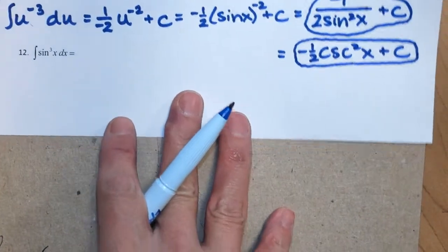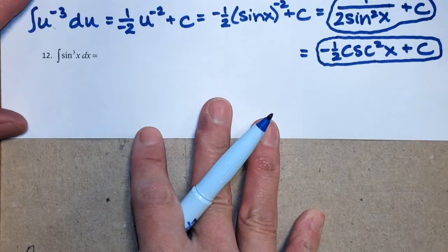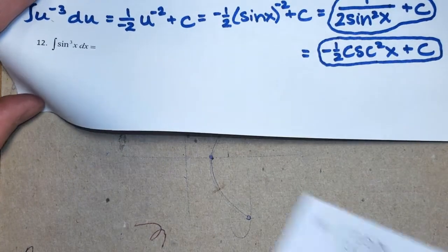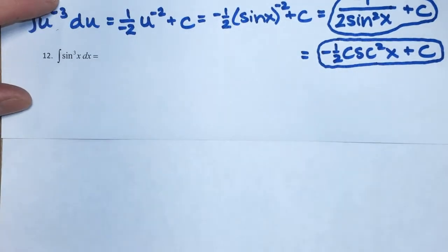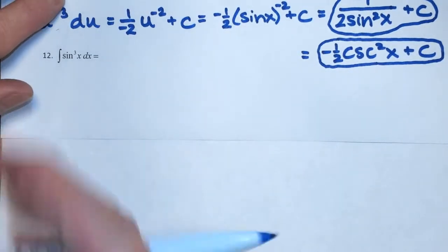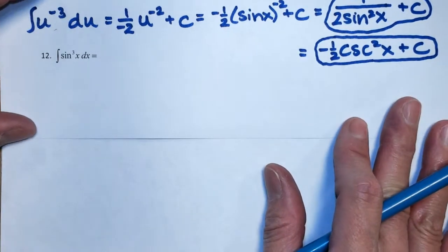Number 12 is for somebody who really loves their trig identities. It is tricky, tricky. Okay, so sine cubed is not the derivative of anything. But we also don't have sine and its derivative.